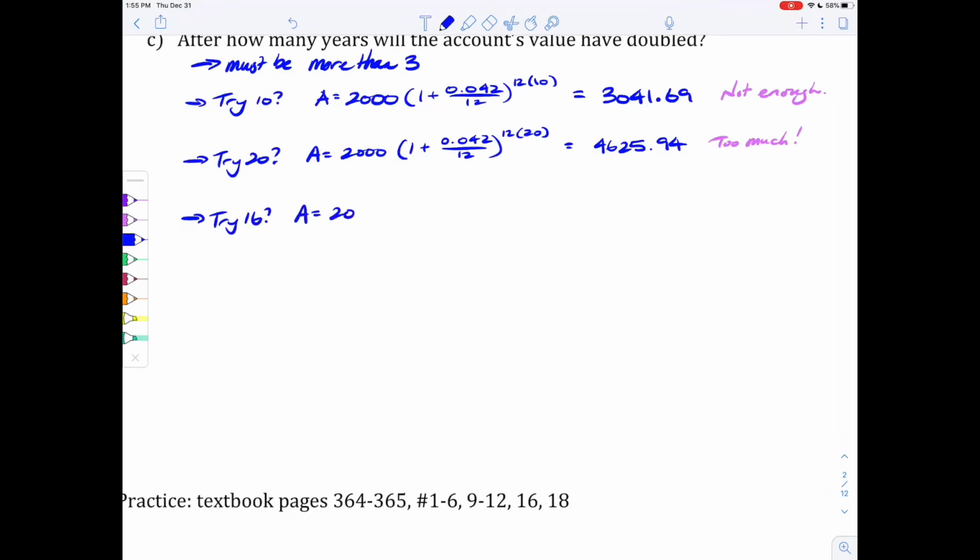So again, same formula, with 16 as the number of years. And for that, I'm getting this, which is so close.